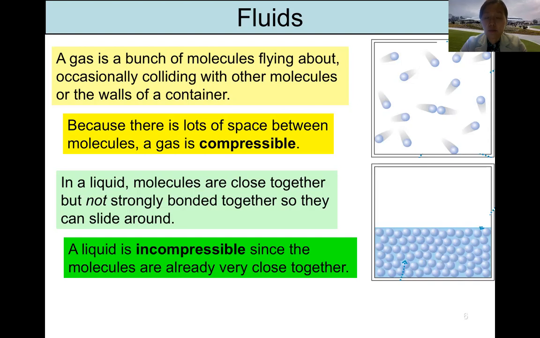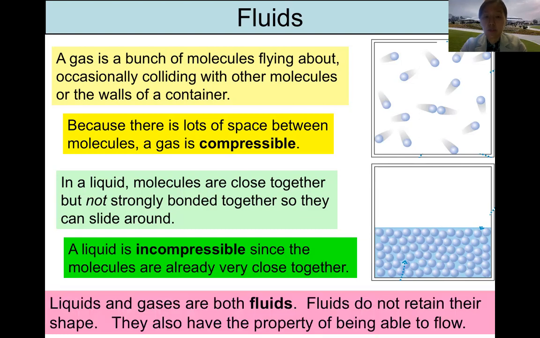But the difference between liquid and gas is that for a liquid, the molecules are much closer together, so it's not easily compressible like a gas, but it can still easily slide and flow around. In that perspective, both air and liquid can move around, so we consider them to be fluids as opposed to solid objects.